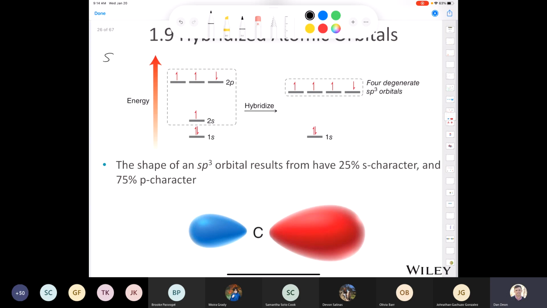If an s orbital looks like a sphere and a p orbital looks like a peanut, when we put them together in a blender, you end up with something like this. The easy way to let your reader know that this is an sp3 orbital is to write sp3 on it. That way there's no confusion. You might think that's kind of funny, but it's how I do it, and it's probably the easiest way to do it.